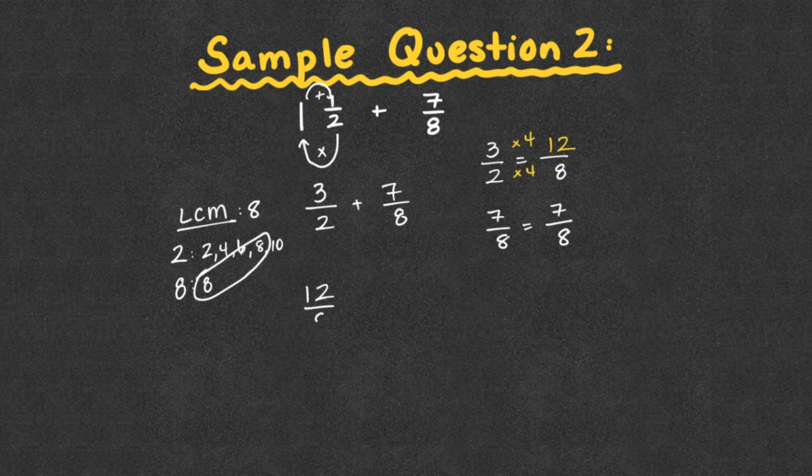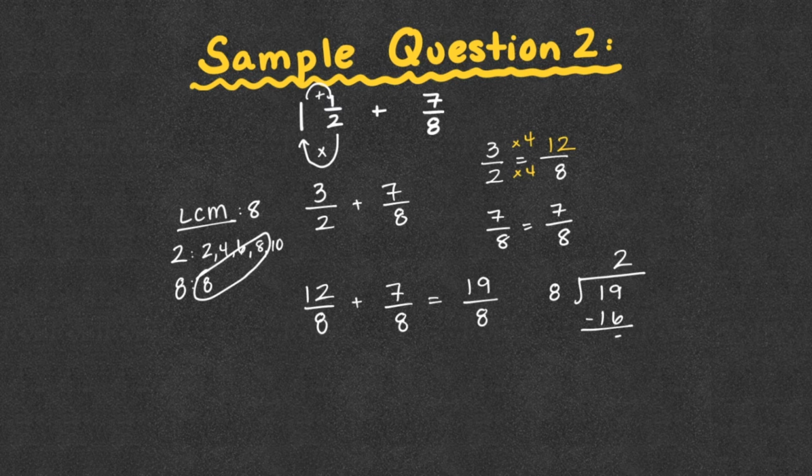I have 12/8 plus 7/8, which is going to give me 19/8. And I'm going to turn this into a mixed number. So 19 divided by 8 goes in 2 whole times. 2 times 8 is 16. Subtract, we get 3. So our final answer would be 2 and 3/8.